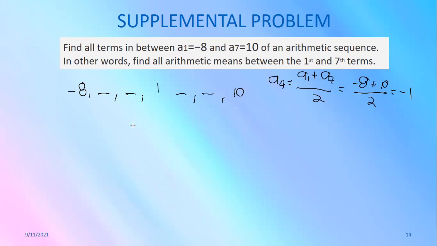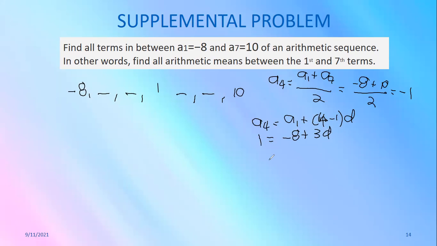Okay, next, we will use the formula for the fourth term. The fourth term is a sub 1 plus n minus 1 multiplied by d. So 4 minus 1 multiplied by d. Your fourth term is 1, which is equal to negative 8 plus 3d.